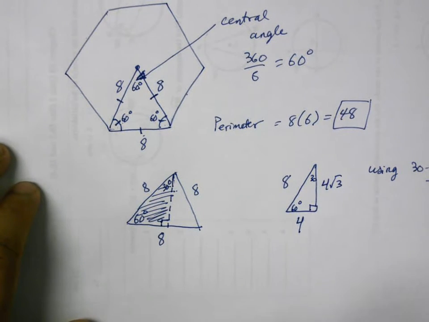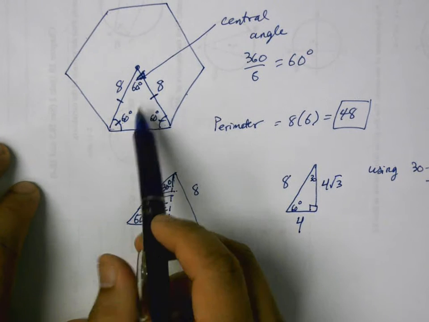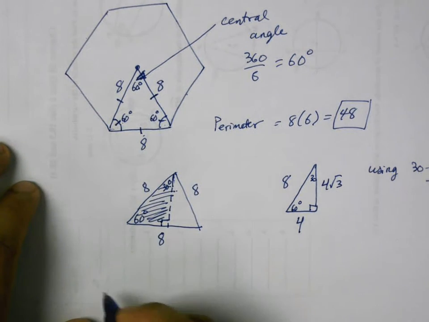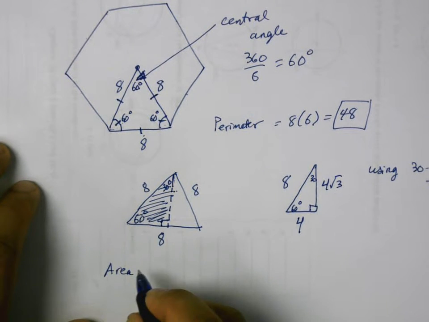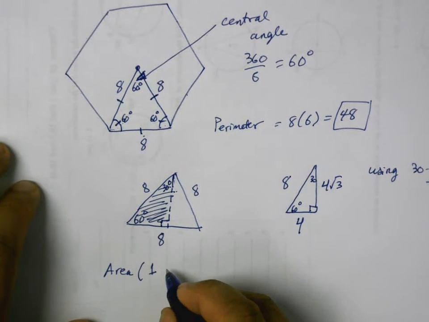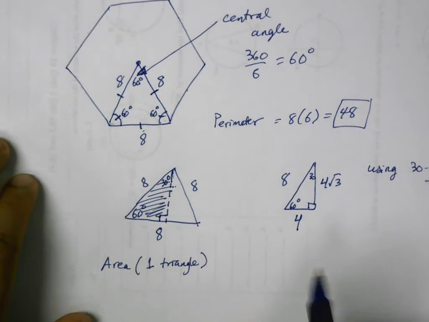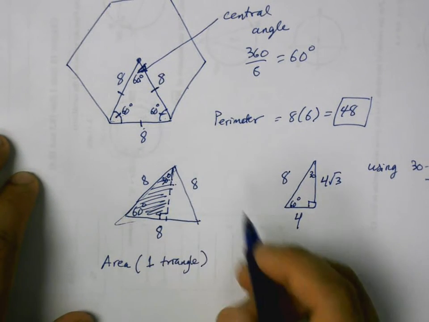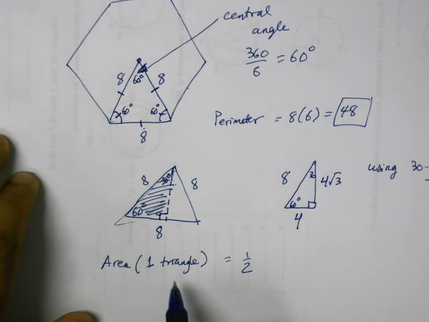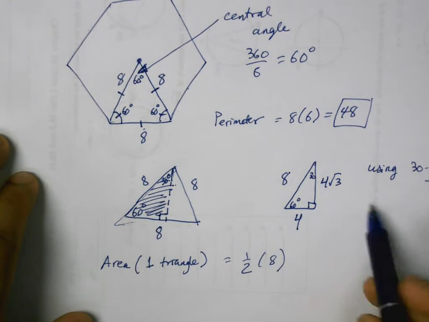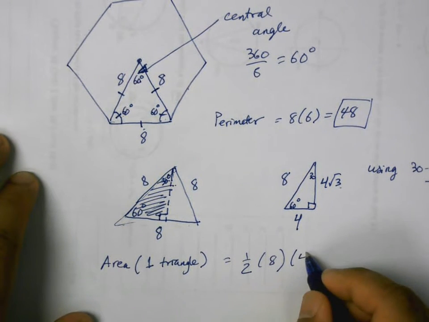So what that tells us then, the area of one of these triangles, and when I say one triangle, I mean the big triangle here, is equal to 1/2 the base, which is 8, times the height, which is 4 root 3.